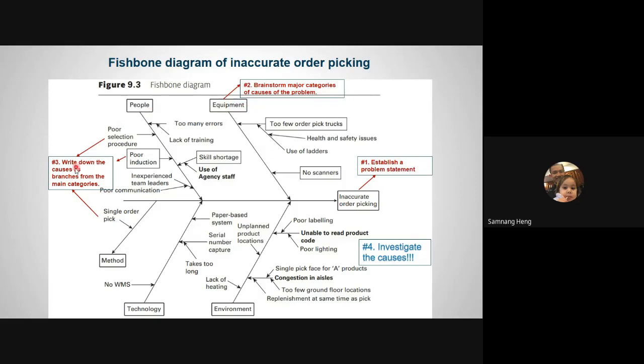And then step number 3, you write down the causes as the branches from the main category. For example, the problem is inaccurate order picking, right? The category is the people, and a subcategory could be poor selection procedure. Poor selection procedure, kind of different thing.